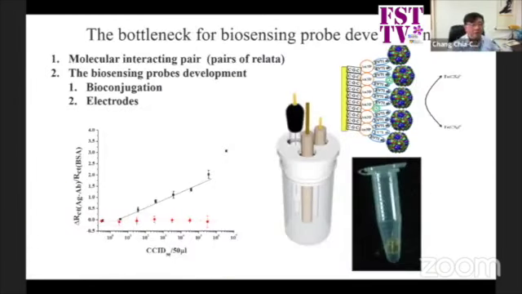But the problem, or the bottleneck, of biosensing probe development is that first of all we need to have a pair of receptors, which means we need to get the antibody or some high affinity binding molecule. If it's a new disease and it breaks out rapidly, it's not easy to get a functional or specific antibody.